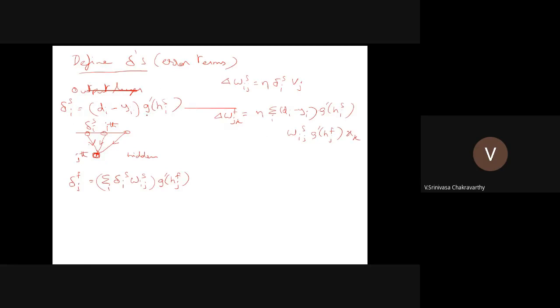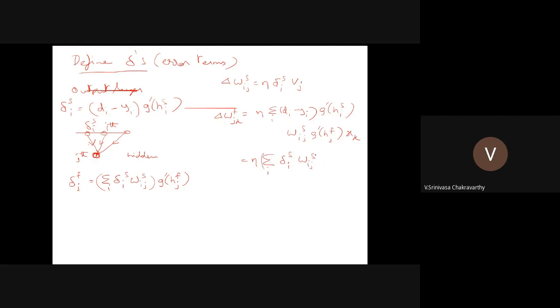Now if you plug in these deltas, this is equal to eta times sigma i of delta i of s multiplied by wij s.